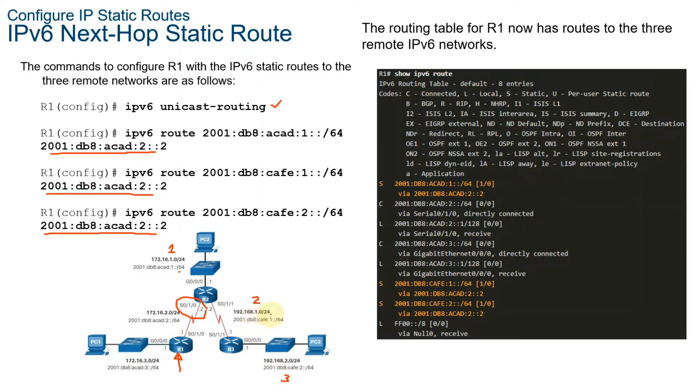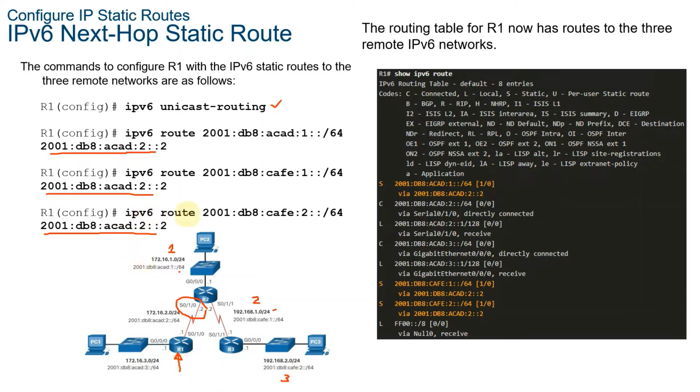Now let us define the second network. That would be ipv6 route 2001:DB8:CAFE:1::/64 via 2001:DB8:ACAD:2::2. Then let us define the last one, the third remote network from R1.